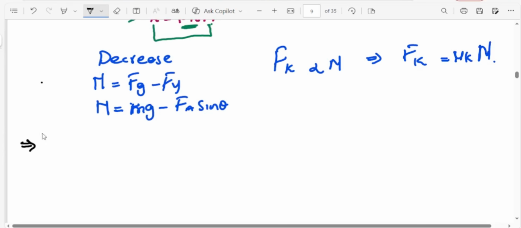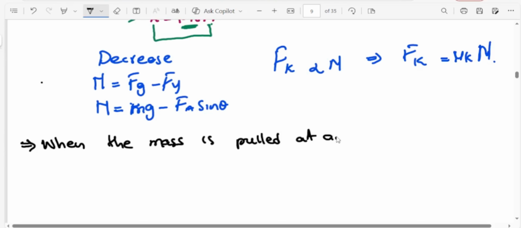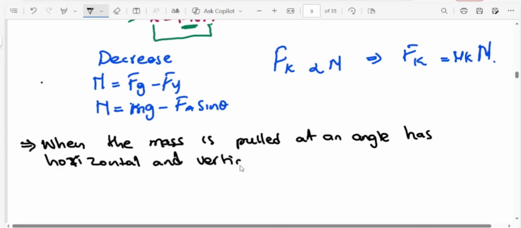When the mass is pulled at an angle, it has horizontal and vertical components.